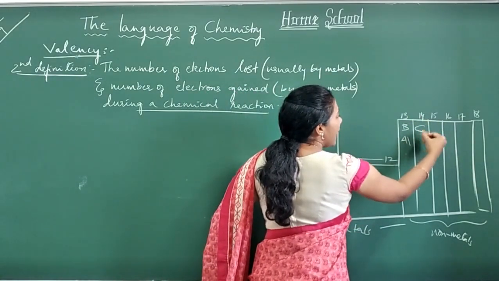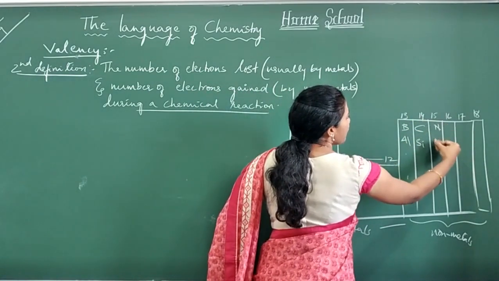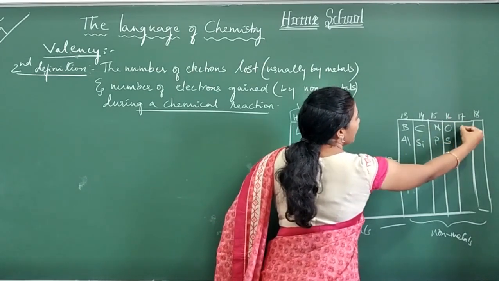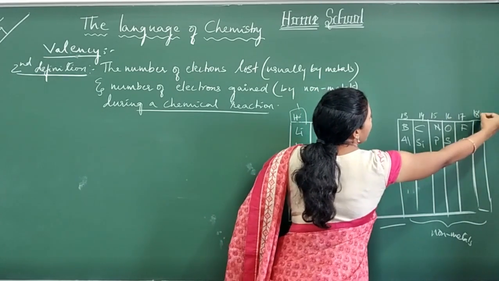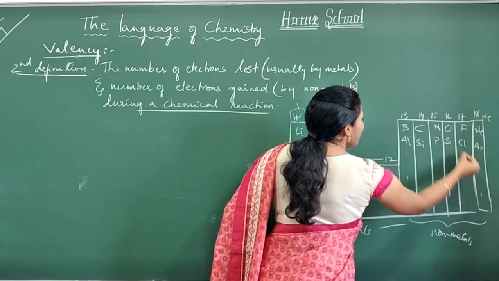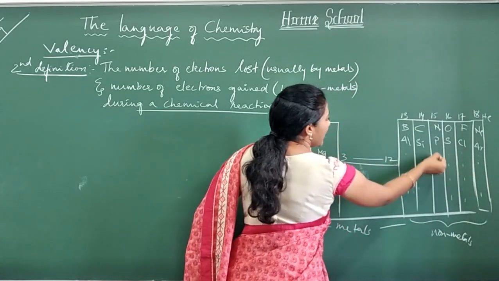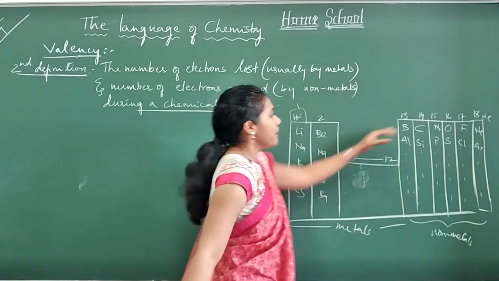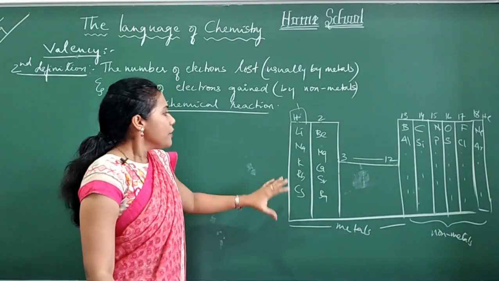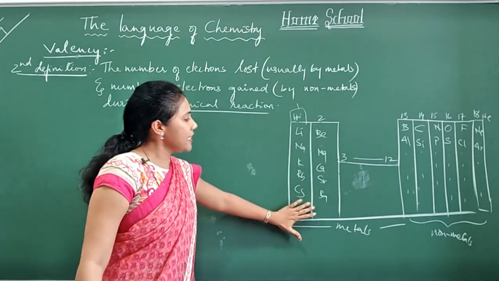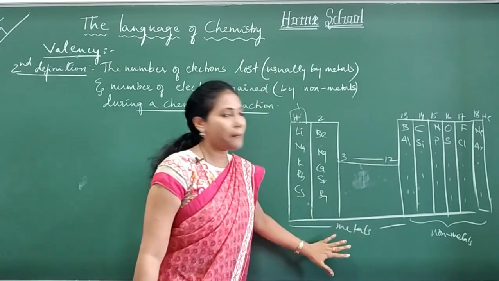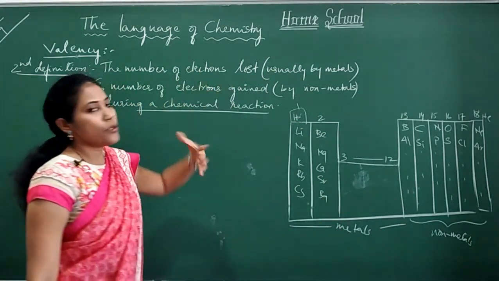Then carbon, silicon, nitrogen, phosphorus, in the 16th group oxygen, sulfur, then fluorine, chlorine, helium, neon, argon. The rest of the elements may not be necessary for your level. Just try to remember at least the first 2 elements in every group. All these elements and the elements from 3 to 12 are metals, and they always lose electrons.